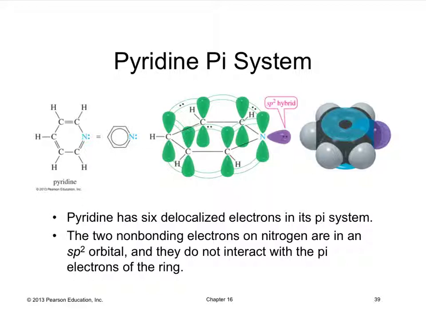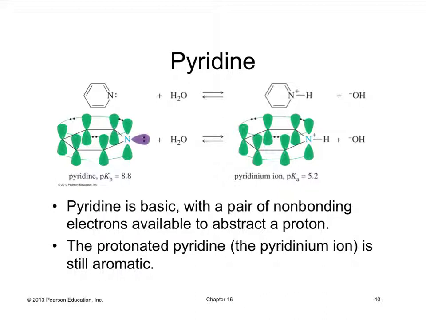Pyridine. So pyridine is like benzene, except with one of the carbons replaced with a nitrogen. And so this has 6 delocalized electrons in the pi system, and you have a lone pair of electrons that is not part of that pi electron system. Pyridine is basic and has a pair of non-bonding electrons that can react and abstract a proton.